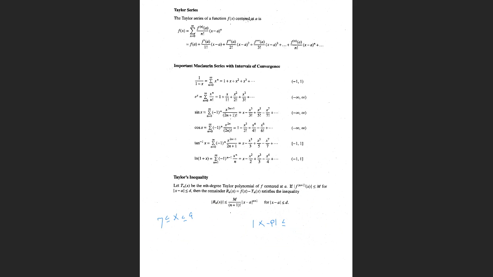If you write the absolute value of x minus 8 is less than or equal to 1, that means that x minus 8 is less than or equal to 1 and greater than or equal to -1. And so x would be less than or equal to 9, add 8 everywhere, and greater than or equal to 7, right?